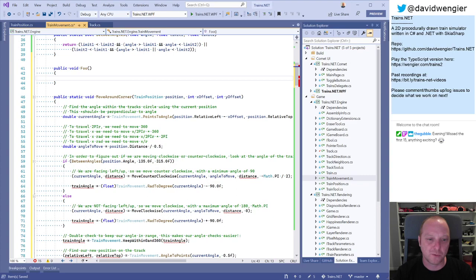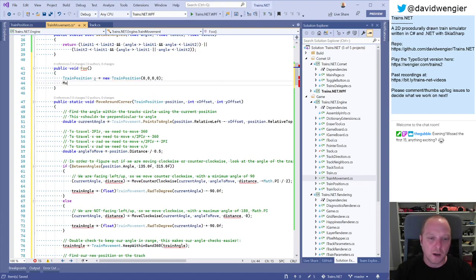So if we want to move a train, let's say we have a train position. Remember that. We want to move around a corner. See, that name. This is not a fun API to call.